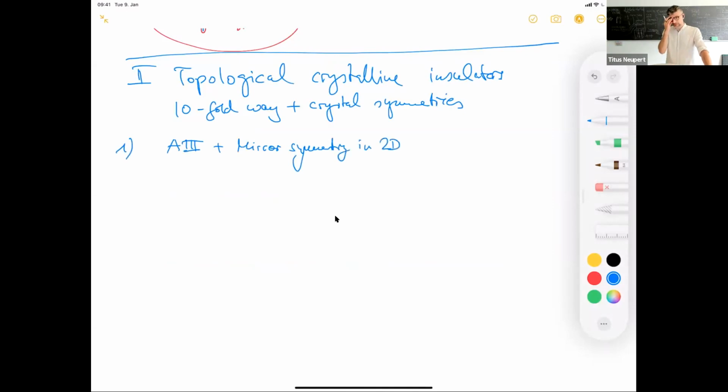You might not remember what all these classes are: class A3 is the class that has only chiral symmetry, and in 2D, class A3 does not have a non-trivial phase. But what we want to show is that when we also consider a mirror symmetry, we can make it non-trivial. And so this thing has chiral symmetry.